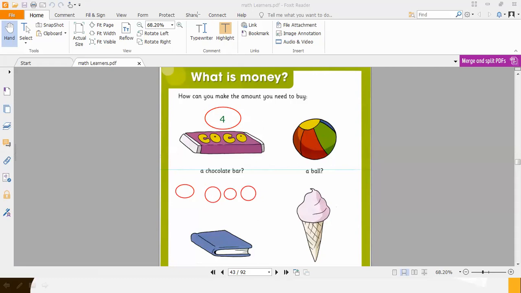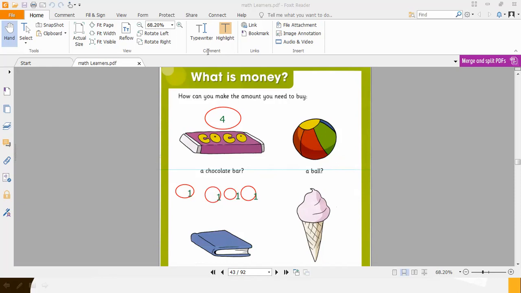Here, make circles like this, and write in them 1, 1, 1, and 1. If we have 4 coins of 1 real, we can buy the chocolate bar.